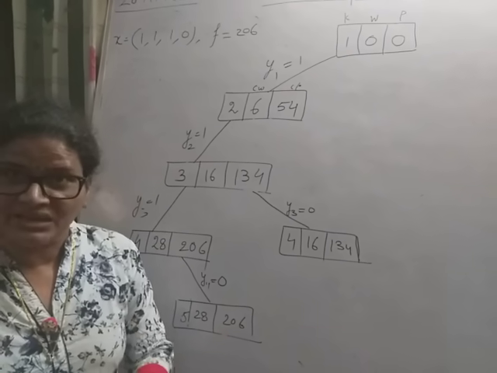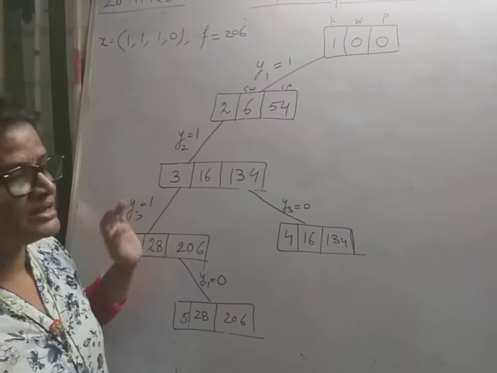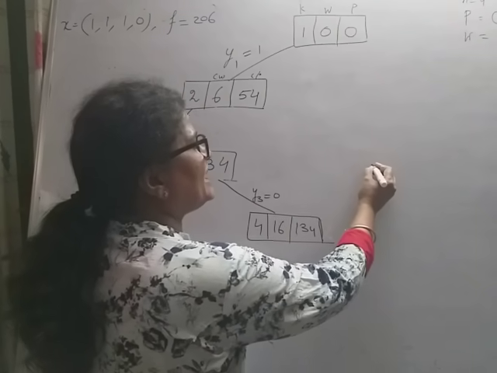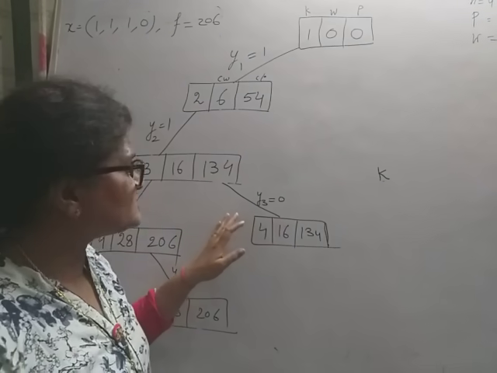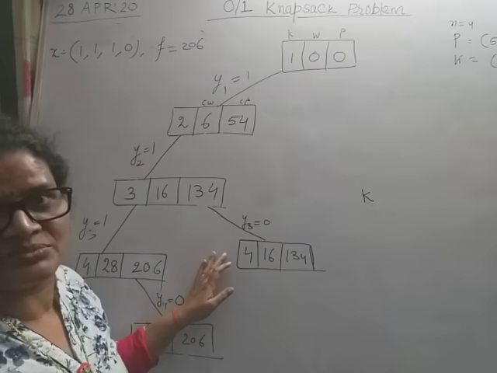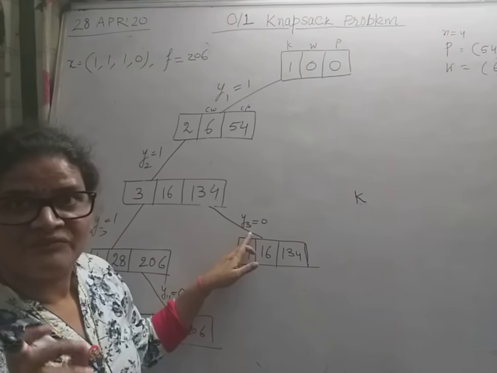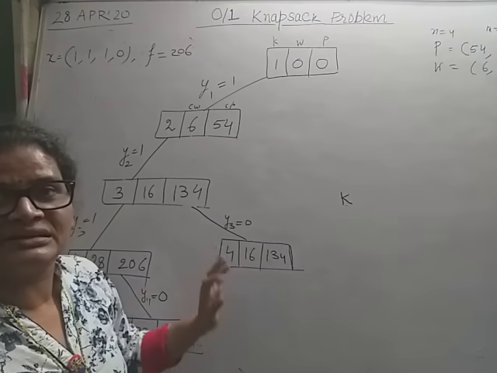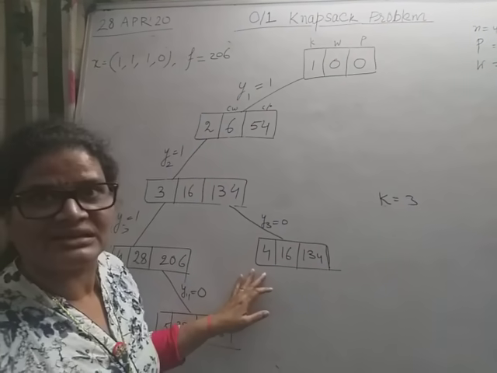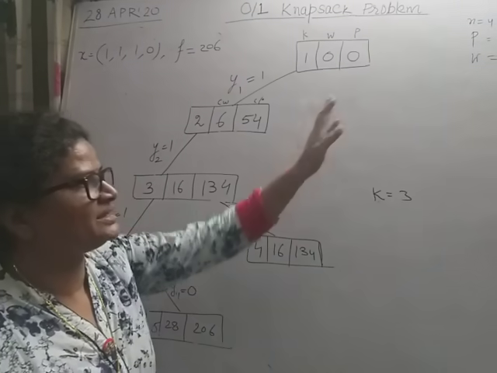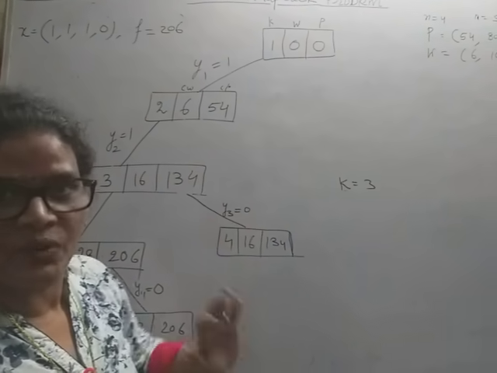Now listen very carefully. If I have taken the decision for the kth object, and we are excluding the kth object, here the value of k is 3. So we are excluding the third object, k equal to 3. The rest object is 4, that is k plus 1 to n.